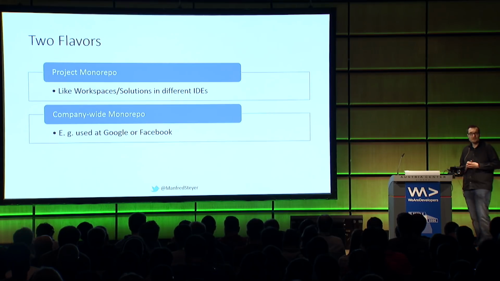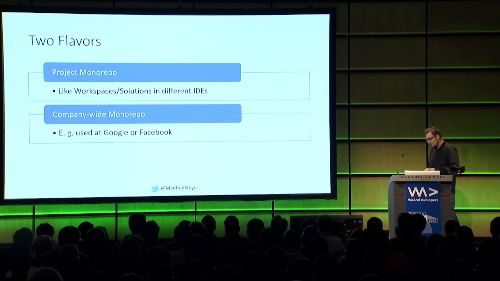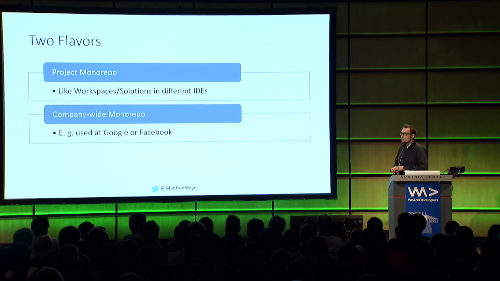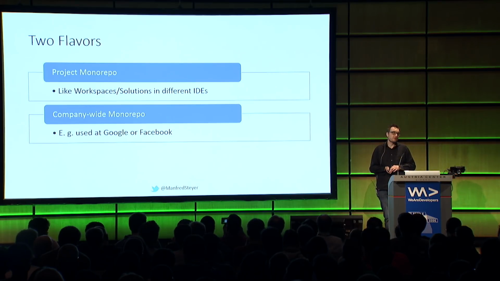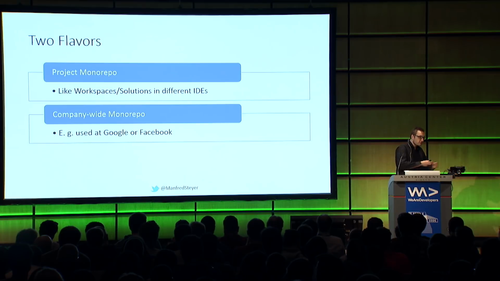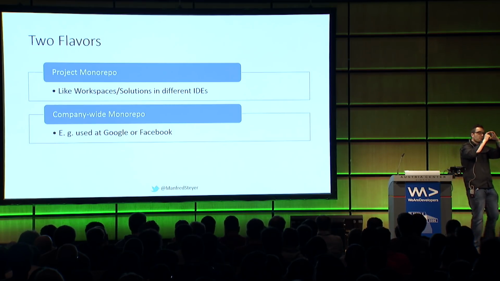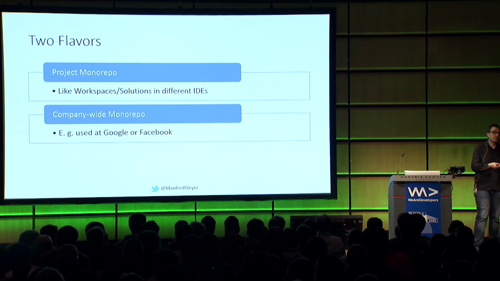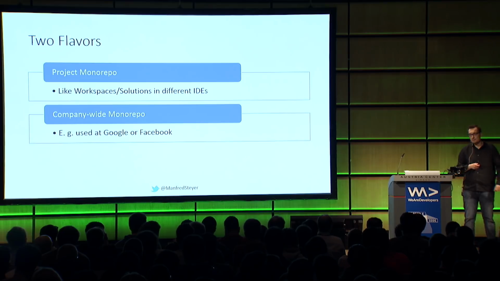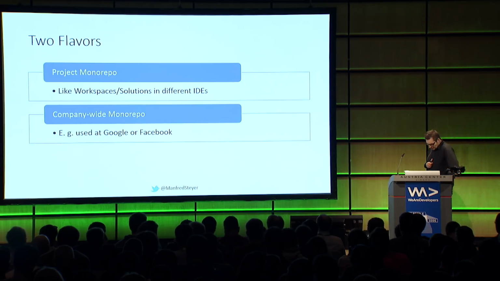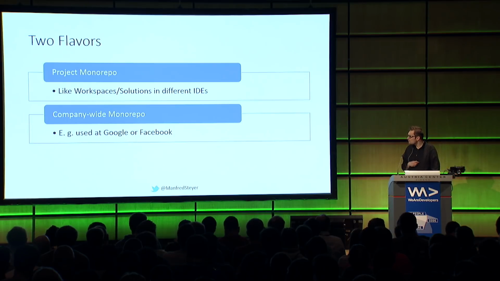All those companies have created custom tooling that prevents them from having to check everything out. They can just check out the parts of this monorepo they need for their very own project, their applications, as well as their libraries. And I think for most of us, this could be too much.